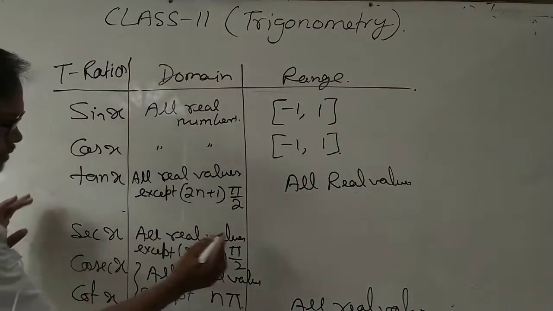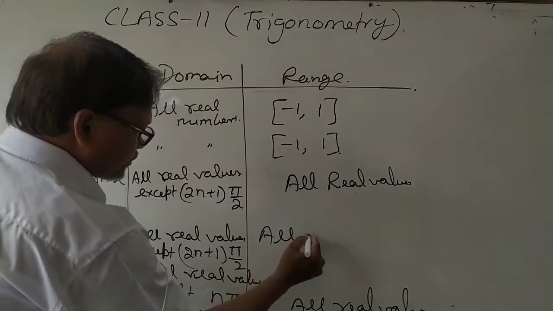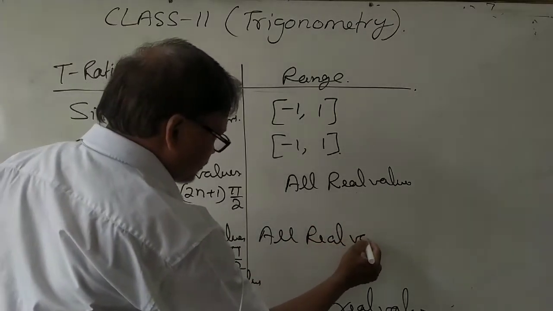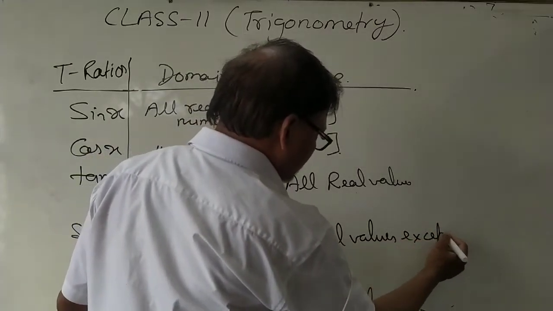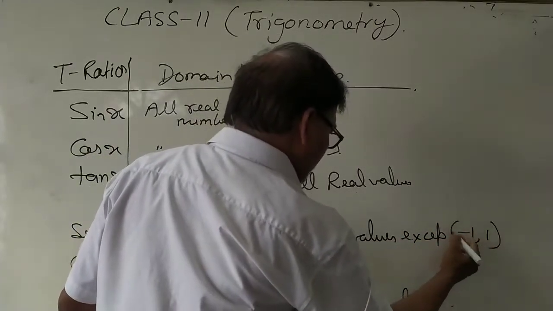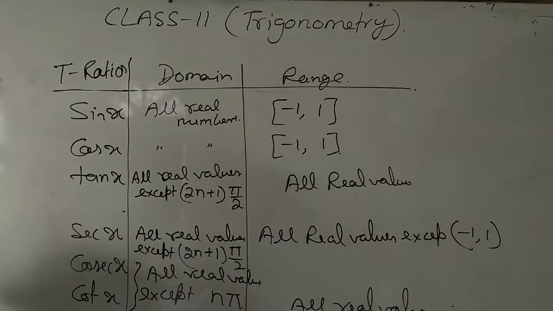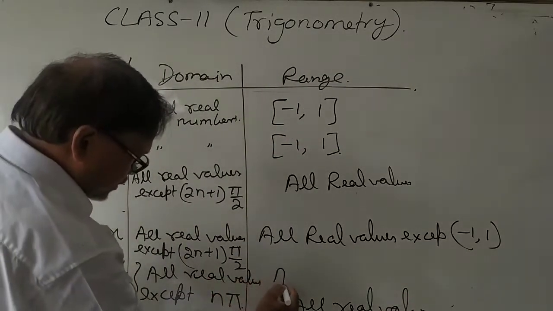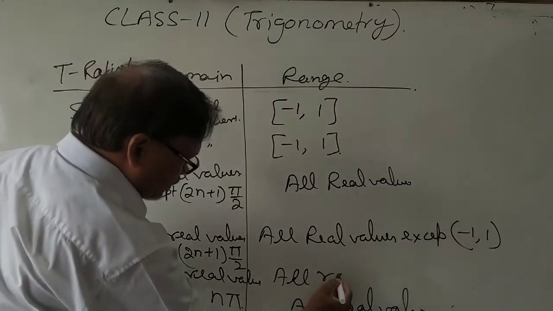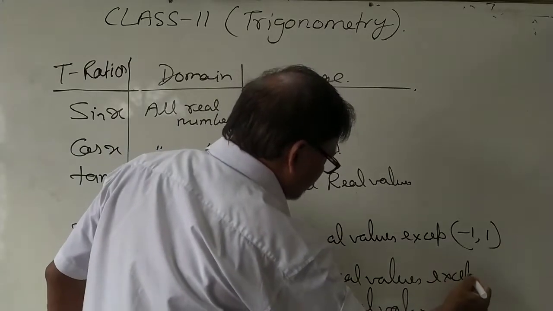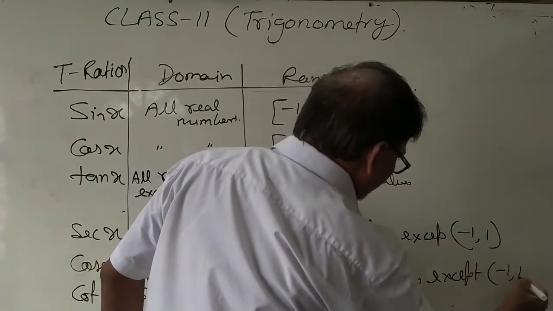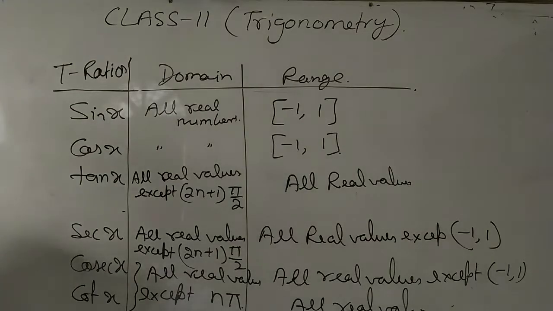So all real values except -1 to 1, meaning the open bracket, and this is also the same for cosec x: all real values except -1 to 1. So these are the domain and range of the 6 trigonometric functions.